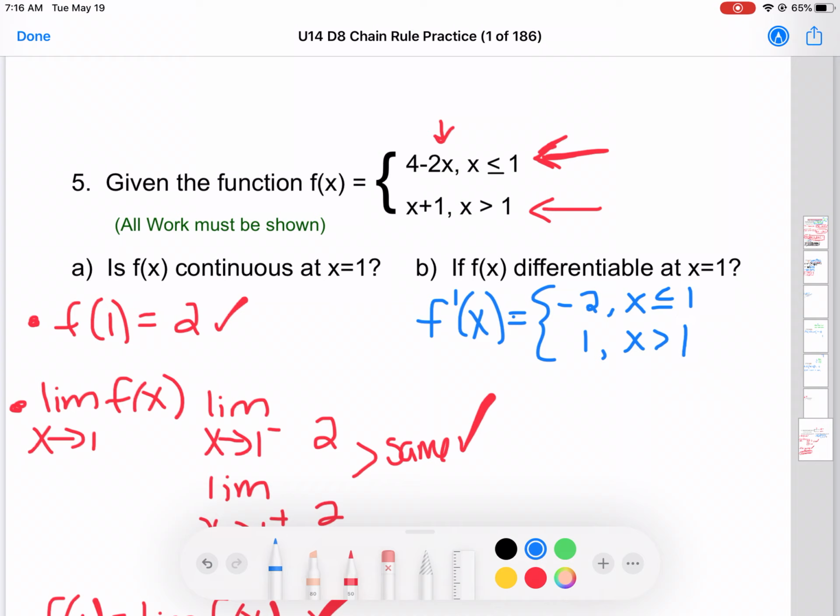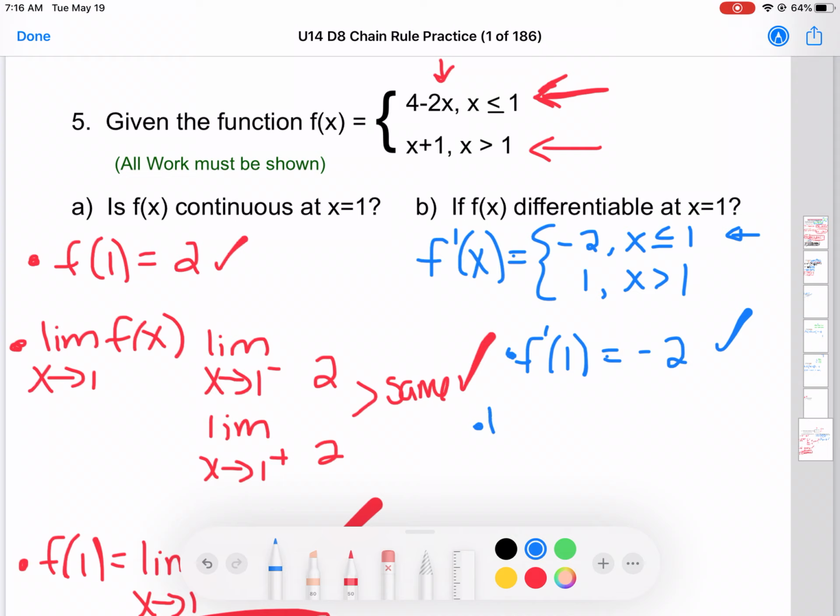And now we'll do the same thing we just did, the 3 steps to continuity. So we'll do, does a function value exist at 1? So what is the function value at 1? So at 1, that would be this piece right here. We're going to get negative 2, so the function value exists.